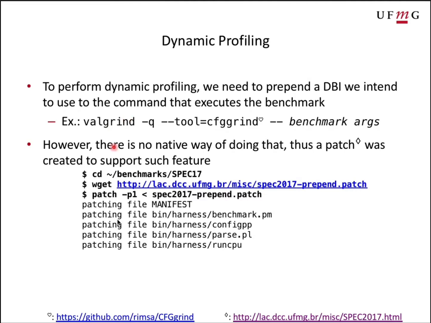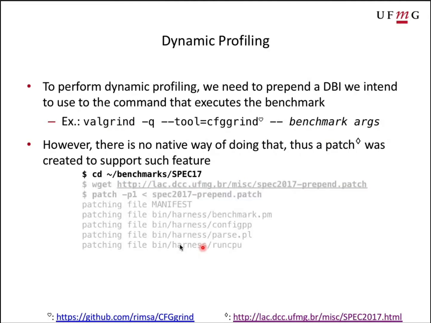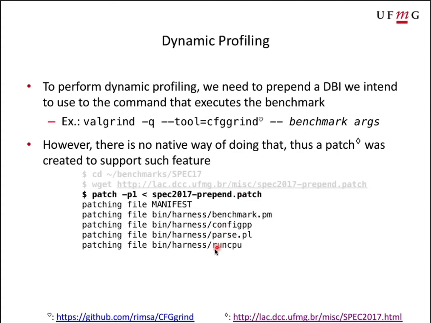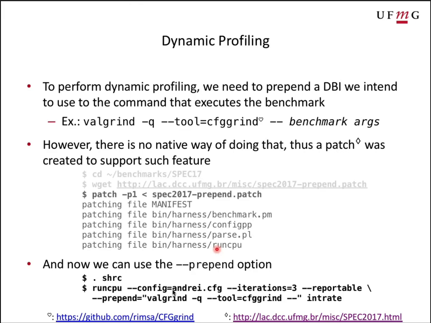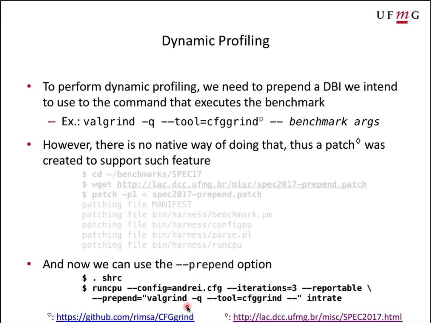So I actually created a patch and patched the SPEC installation to support a new flag that I called prepend. So we can just enter this directory, download this patch, and then apply it. So we change the scripts, including runcpu, and then we can use runcpu with this flag.